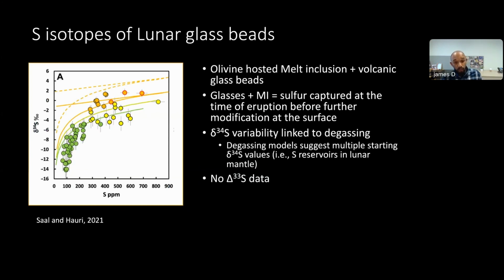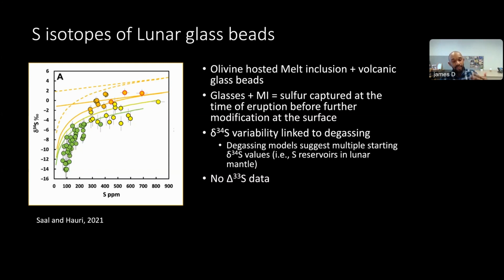Now, I want to point out that there was a study previously published by my colleagues Saul and Howery in 2021, where they analyzed the delta 34S composition of olivine-hosted melt inclusions and volcanic glass beads from a variety of sample types: orange, yellow, and green glass.